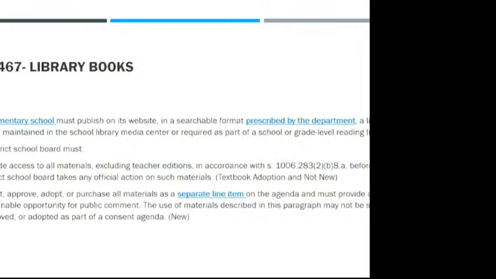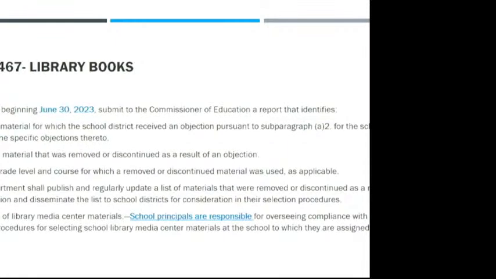And the other big change here is that when we come forward with purchases, we cannot do them as part of the consent agenda. They need to be in a separate line item. And now we have to submit a report beginning at the end of the 22-23 school year to the Department of Education about any objections that we've had to materials and what our outcome was.